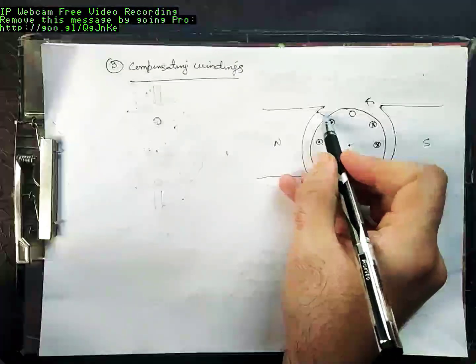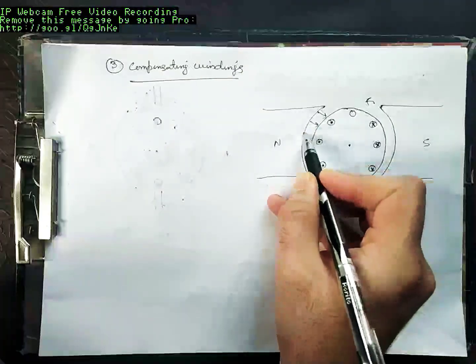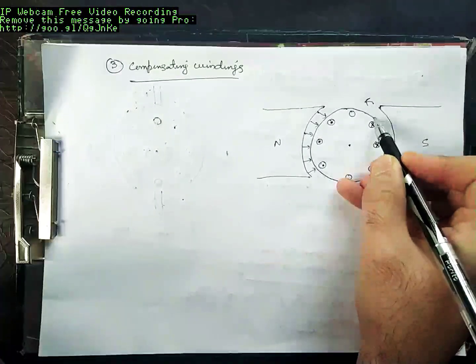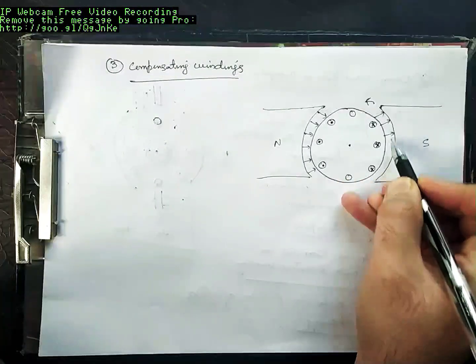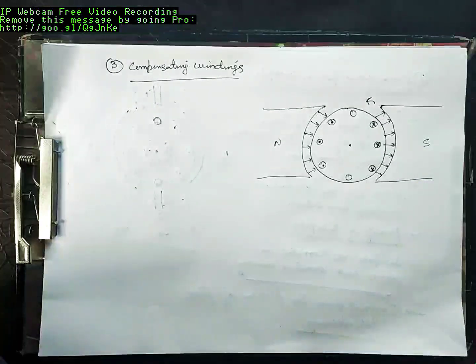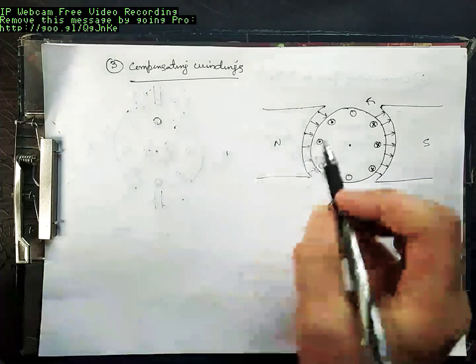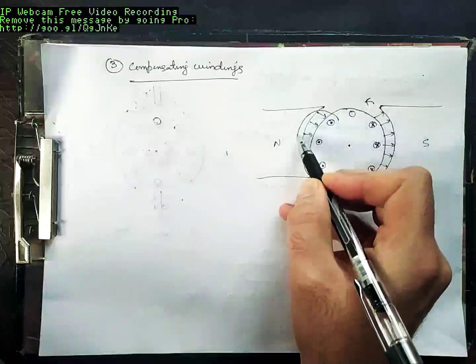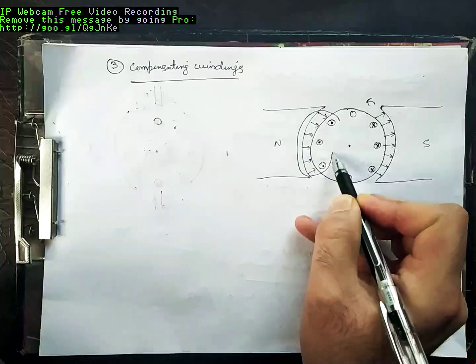Normally the main field would have been like this. But because of these conductors, you will have another field, known as the armature field.